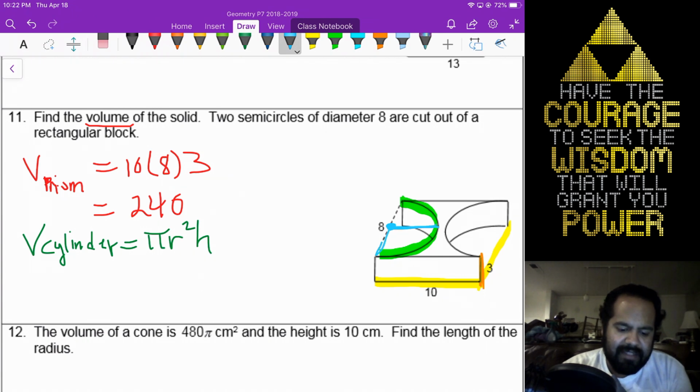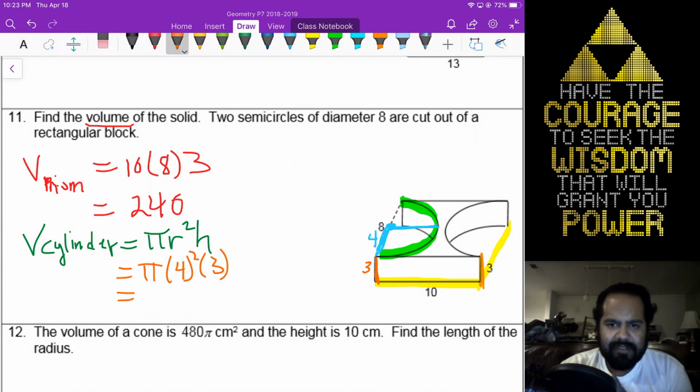However, if I look at it this way, then I see, oh, well, that's going to give me a radius of 4. And the height of it is going to be that 3 since it goes up and down. So we can say here that the height is 3. Pi times 4 squared times 3. So that's 16 times 3, which is 48, and then the pi.